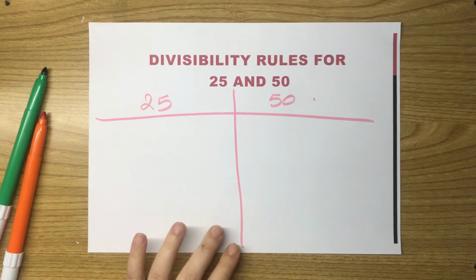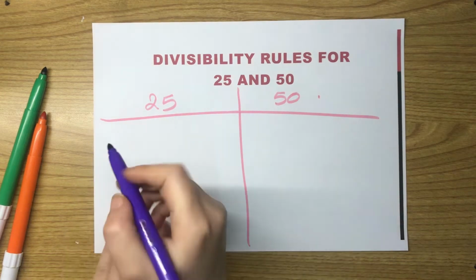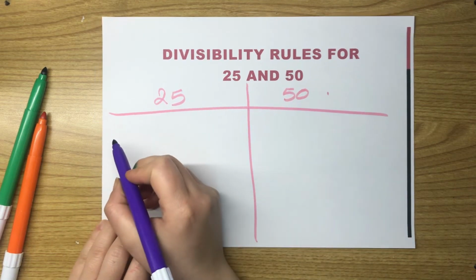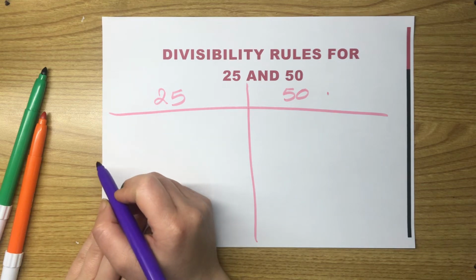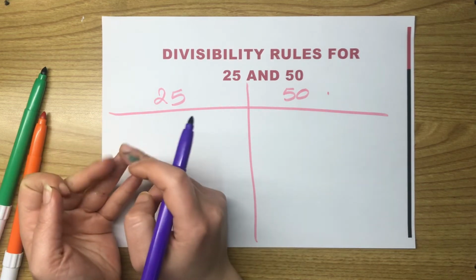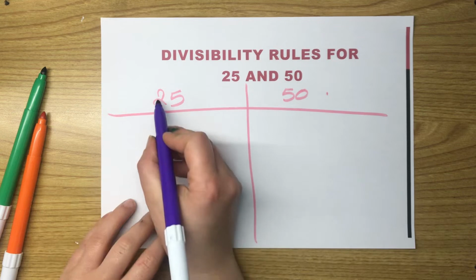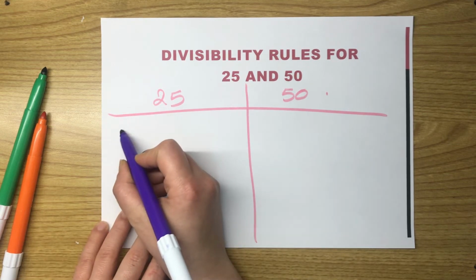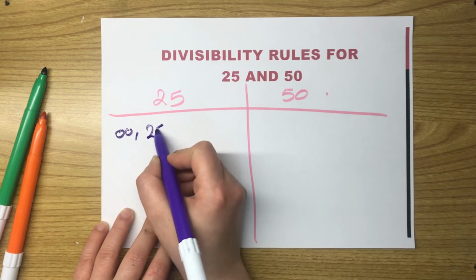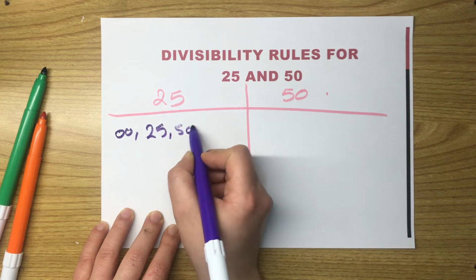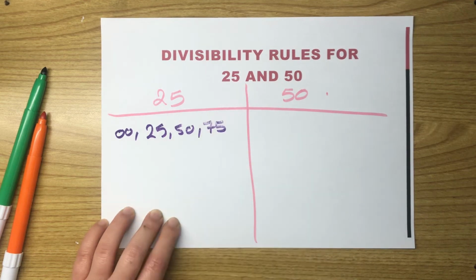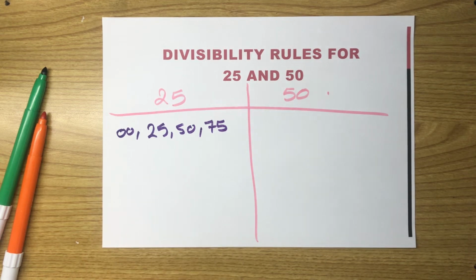Did you remember? Yes. The last 2 digits in the number, the ones and the tens digit, must be 00, 25, 50, or 75. Correct. How about 50?